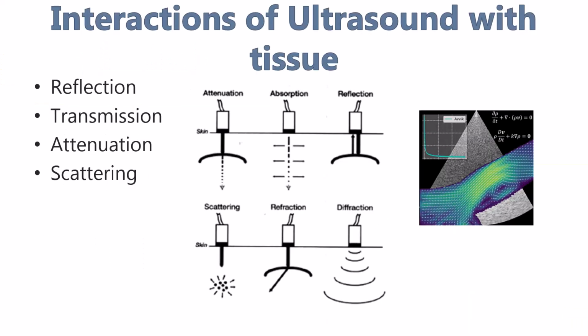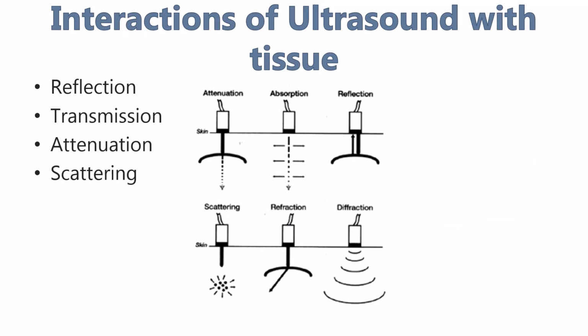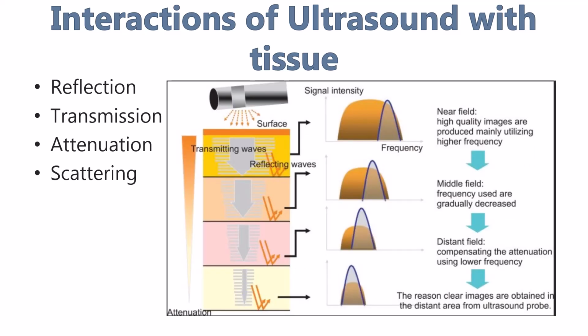Attenuation is the pulsed energy from the transducer, the echo being pulsed into the body. As the echo is pulsed into the body, it is stronger nearing the skin level, and as it goes deeper, it's being partially absorbed, and so the echo becomes weaker.